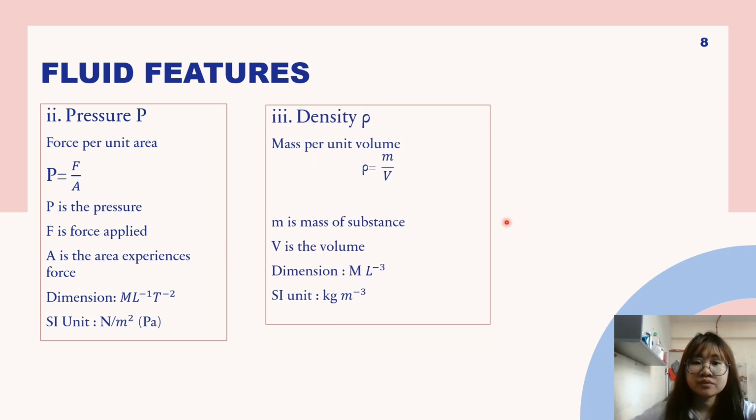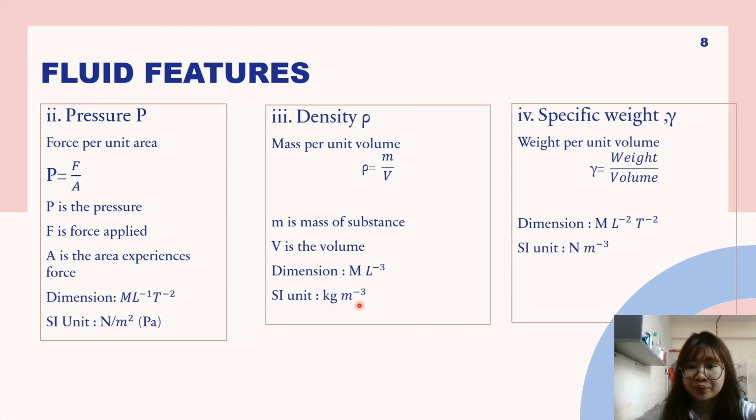Density, with the symbol rho, is the mass per unit volume, and it can be written in the formula as rho equals m over v. M is the mass of substance, V is the volume, so the dimension will be M times L^-3. SI unit is kg per m cubed.